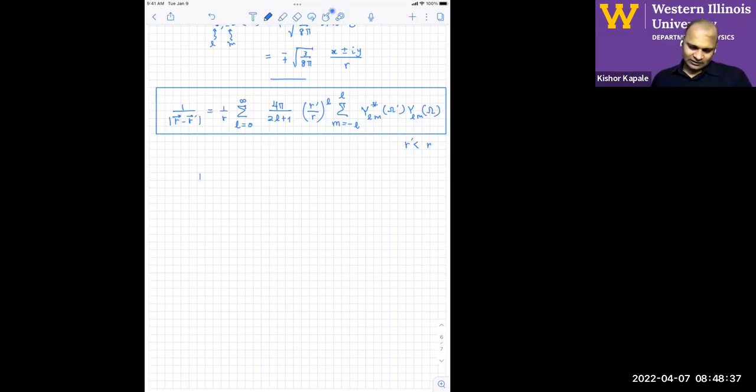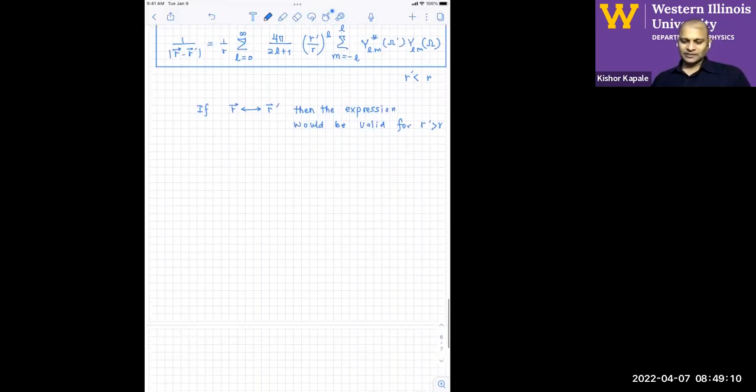So if r and r prime are interchanged, then the expression would be valid for r prime greater than r, right? That condition would get reversed as well as you're doing that.